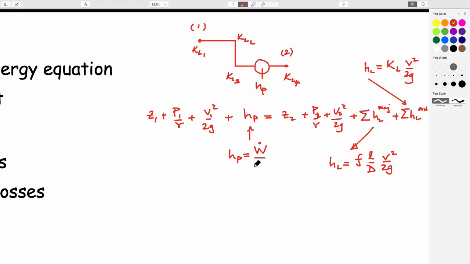We could write it as unit weight times the volumetric flow rate, and we could also write it as gravity times the mass flow rate. Because mass flow rate is volume flow rate times rho, density, right? So they're equivalent. And these are positive for a pump, and negative for a turbine.